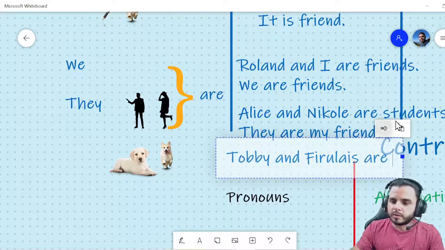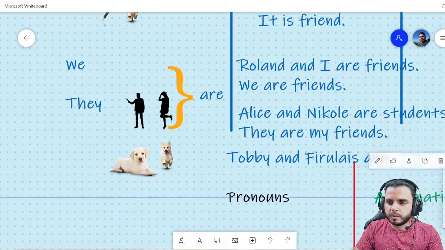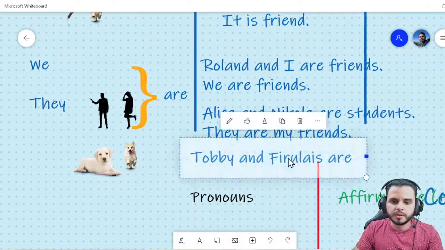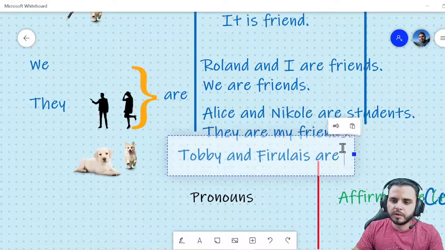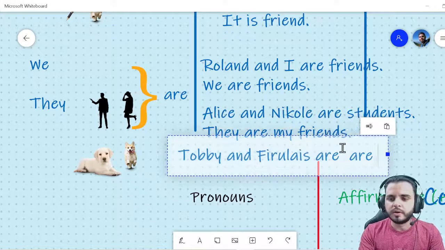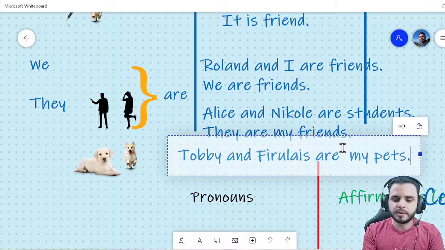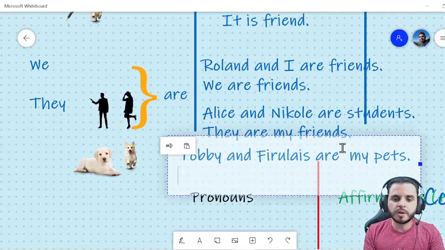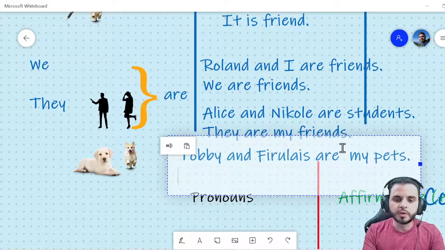Or I'm sorry, this is distracting here. I'm going to move it a little bit. So I can say that Tavi and Firulais are my pets. But if I want to keep talking about them, I can say that they are playful as well.